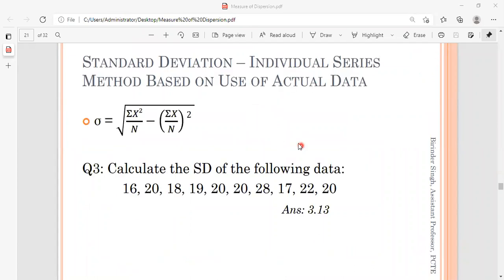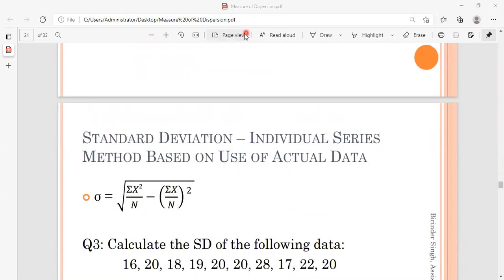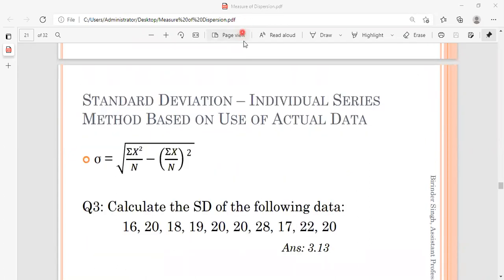Okay, so we can also use the direct raw data for the computation of the standard deviation. These days, we are well versed with computation devices, like computer, laptop, mobile phone, calculator, etc. So it is not tedious to compute standard deviation as it was in earlier days in the absence of computational devices.